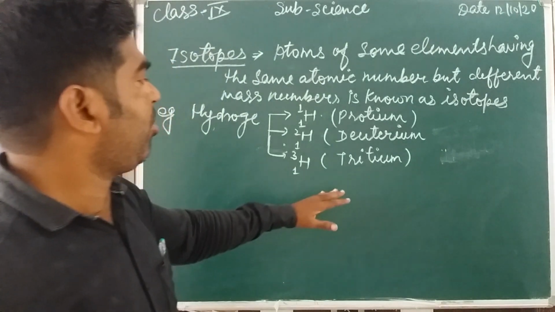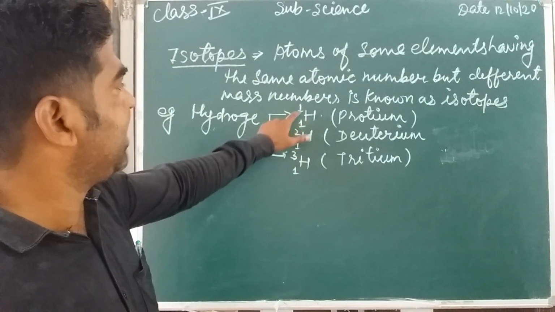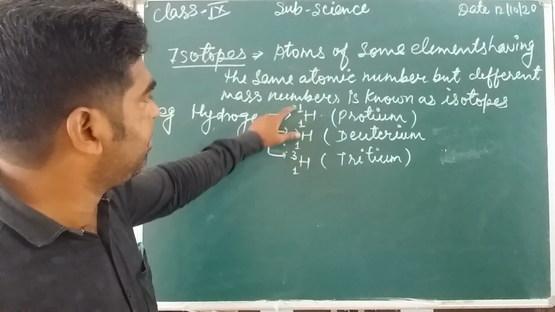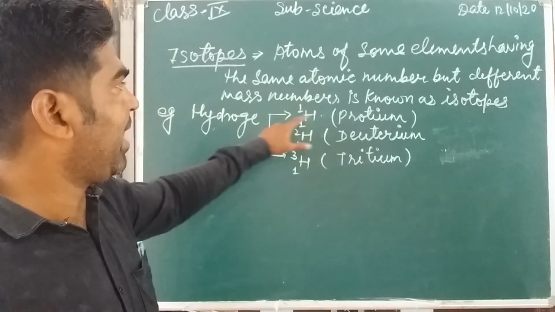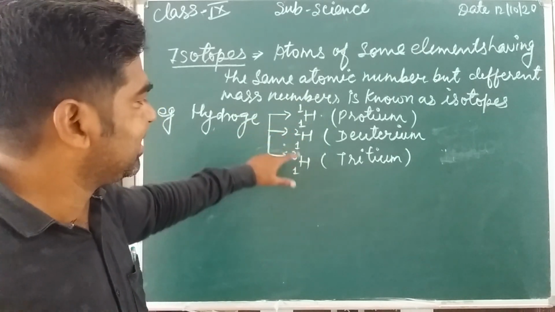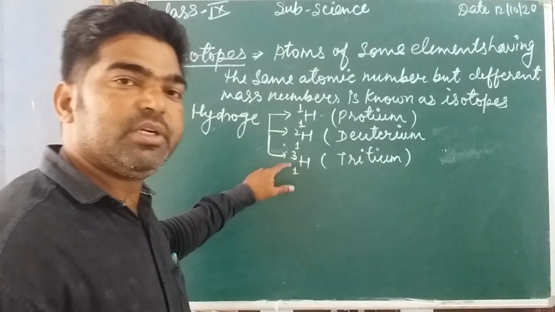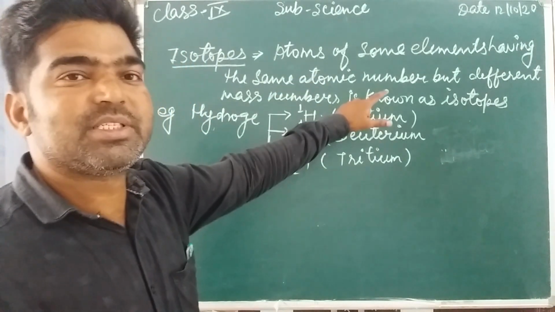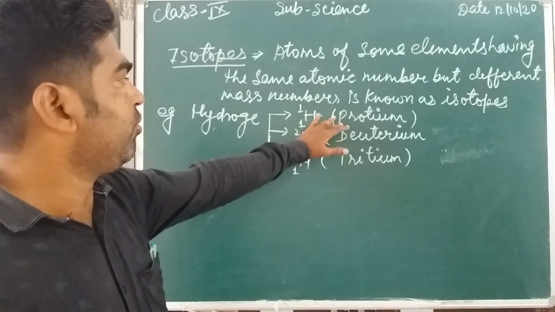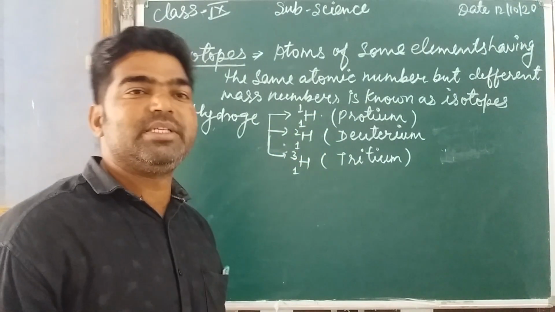These are the three isotopes of hydrogen, H-1, H-2, and H-3. All three have the same atomic number but different mass number. Protium has one unit mass, deuterium has two unit mass, and tritium has three unit mass. According to this definition, the atomic number of tritium, deuterium and protium is the same, but the mass number is different.